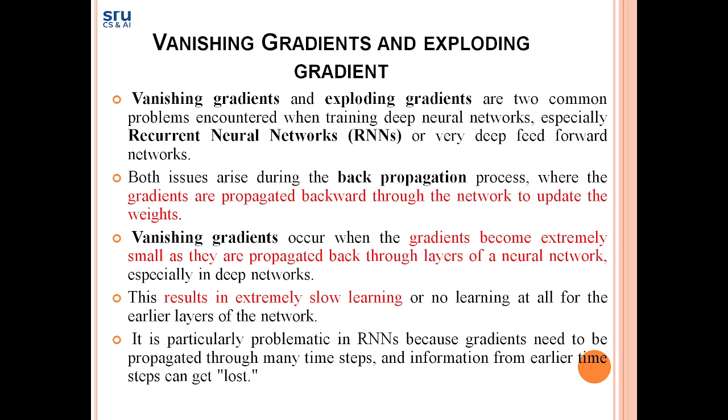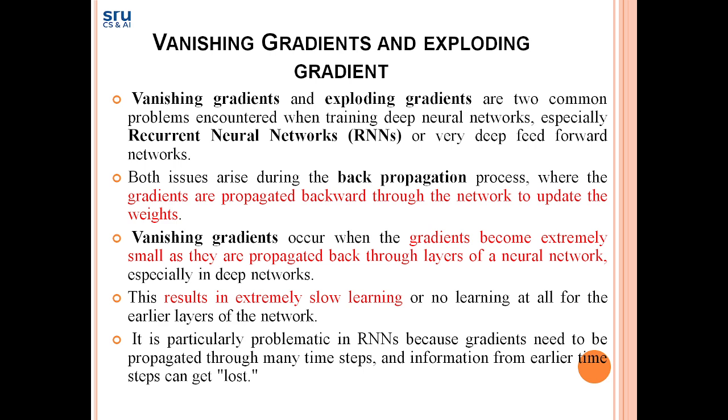This arises in backpropagation, where gradients are propagated back through the network to update the weights. Vanishing gradient occurs when the gradients become extremely small as they are propagated back through the layers of a neural network. This results in extremely slow learning.